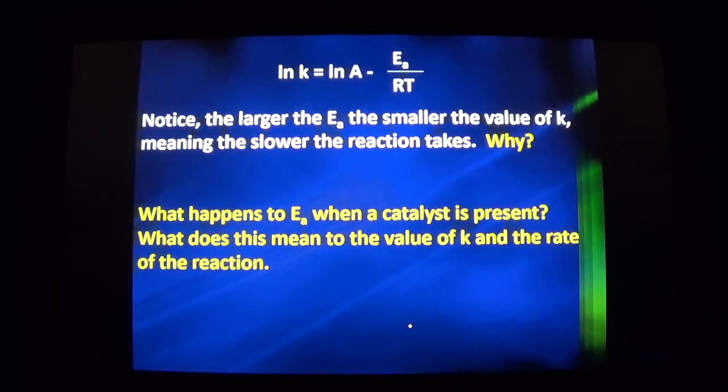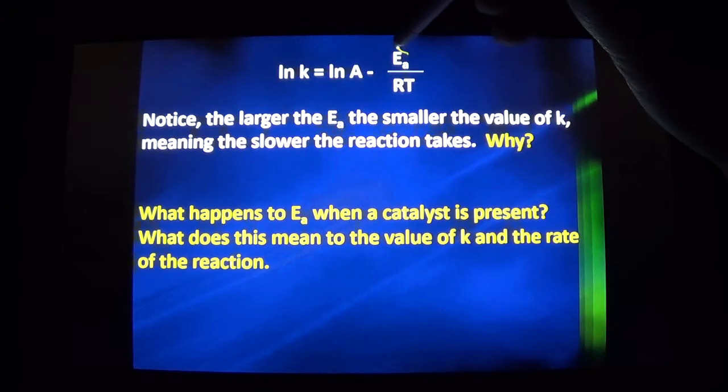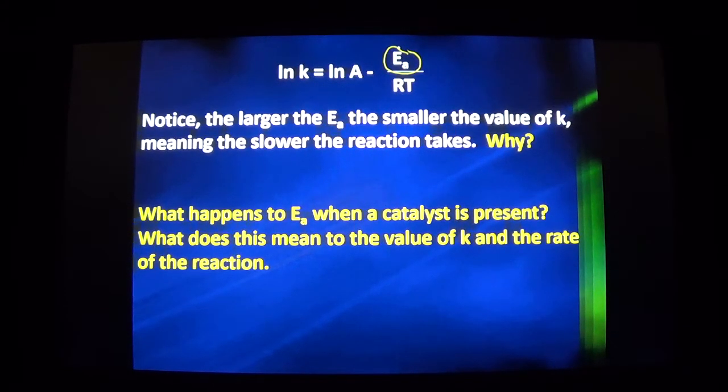Okay. Well, what I want you to notice is how activation energy is in the numerator and temperature is in the denominator. This could be very important because what do we know?